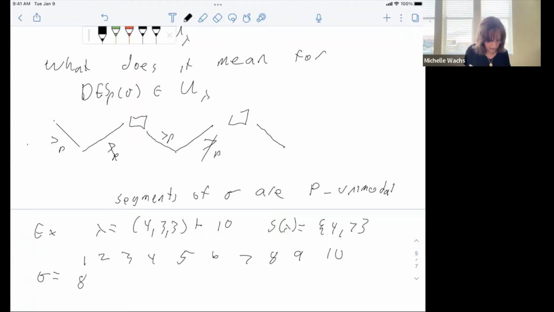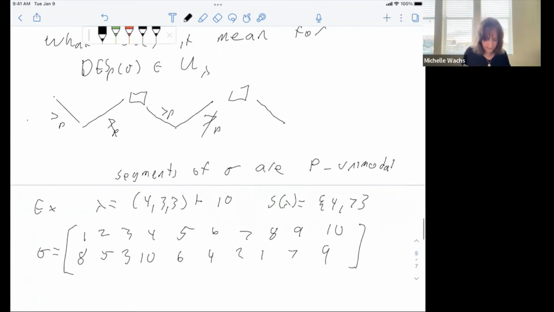And 8, 5, 3, 10, 6, 4, 2, 1, 7, 9. So that's sigma in 2-line notation. And let me take the elements of S lambda here, 4 and 7.